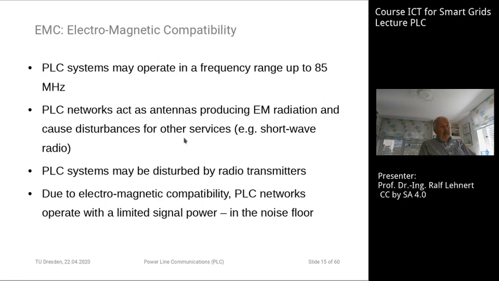In order that they do not produce too much own radiation, they usually work with a quite limited signal power. This also means that the PLC modems do not consume too much electric power. So the received signal is typically received in the noise floor of the background noise. That means we have to design these modems very carefully.